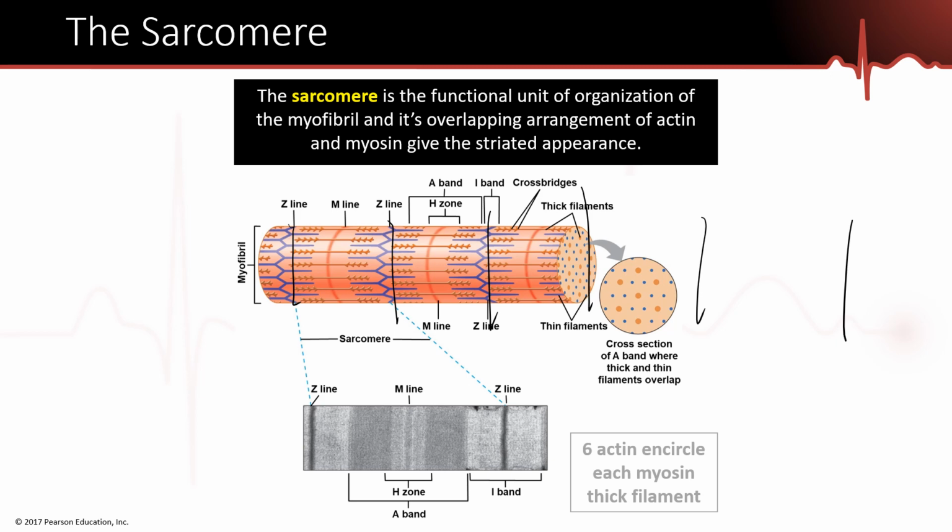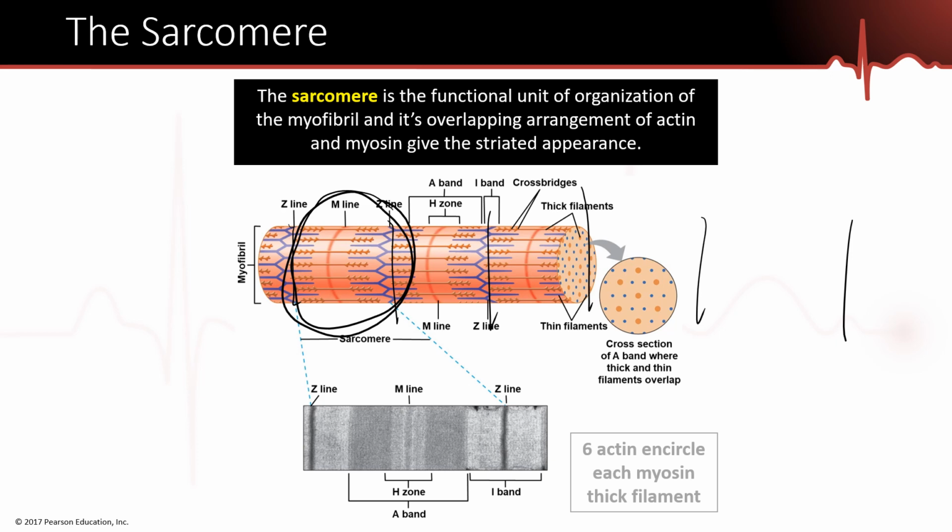And the myofibrils are made up of these repeating segments of sarcomeres. And then if you look at the actual sarcomeres themselves, you can finally understand how the skeletal muscle fiber actually contracts. It generates force because force production is going to occur within these things that we call sarcomeres within the myofibrils.